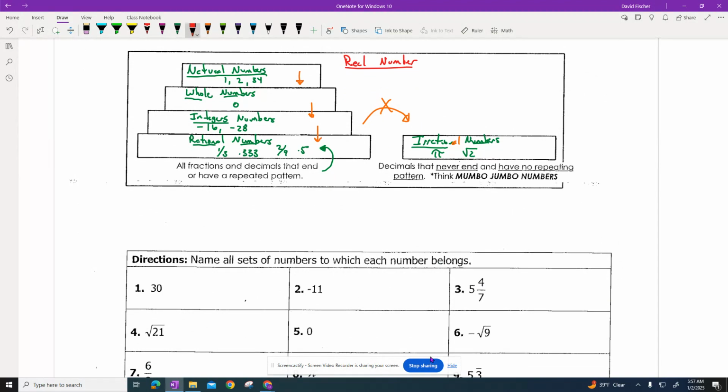If I said the number is 30, there's nothing I can do to 30. In other words, I can't reduce it. I can't do any more math. So 30, if I look up here, is going to fall into this one. Oh, you know what? Let's make a key for this so we don't have to write all these words, okay? So let's call natural numbers N, since that's the first number in there. Let's call whole numbers a W down here.